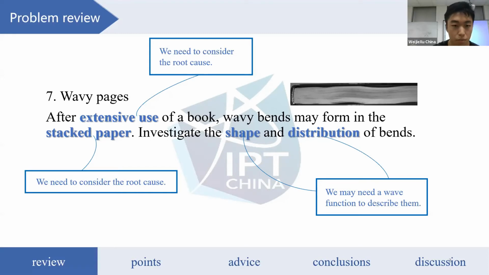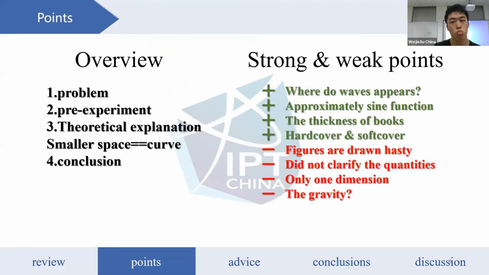Okay, so the next page. I think the strong point is that you explain where waves appear: dampness. And the weak point is that your figures are drawn hastily, you did not clarify the quantities, and it is really rough.